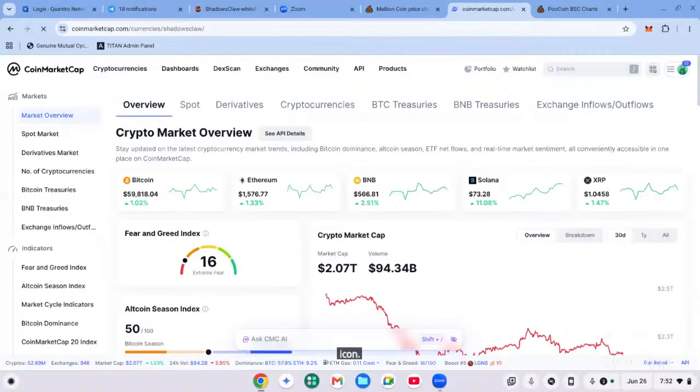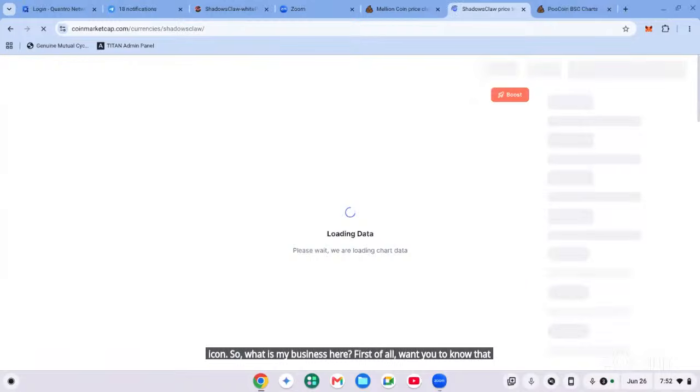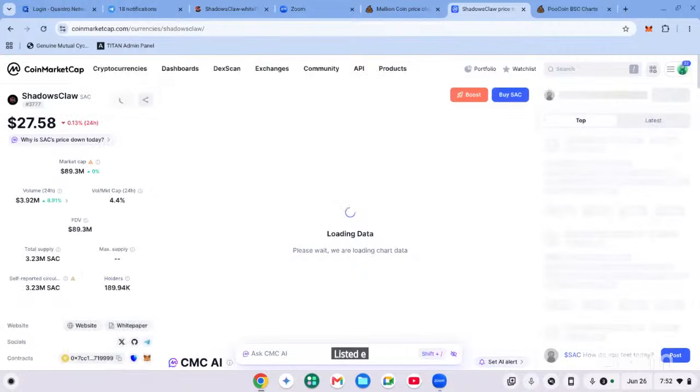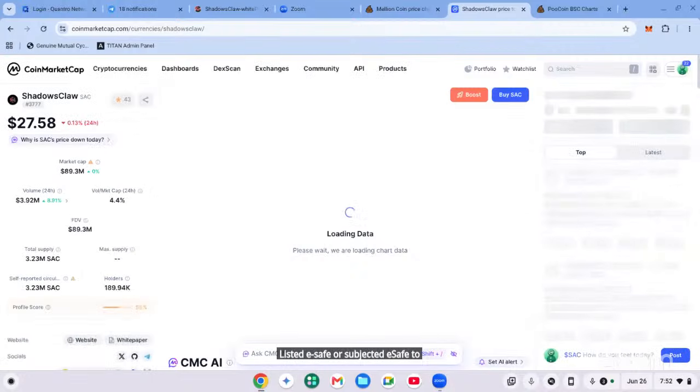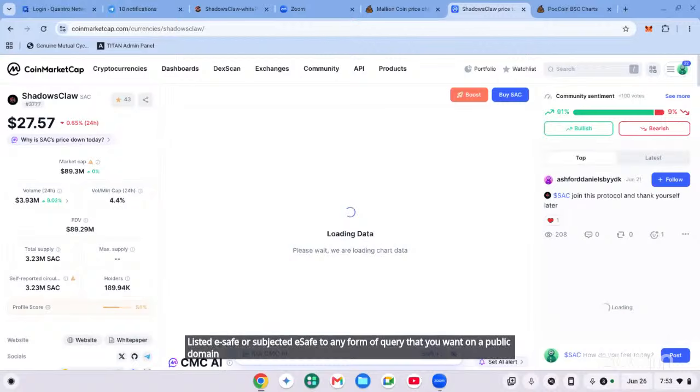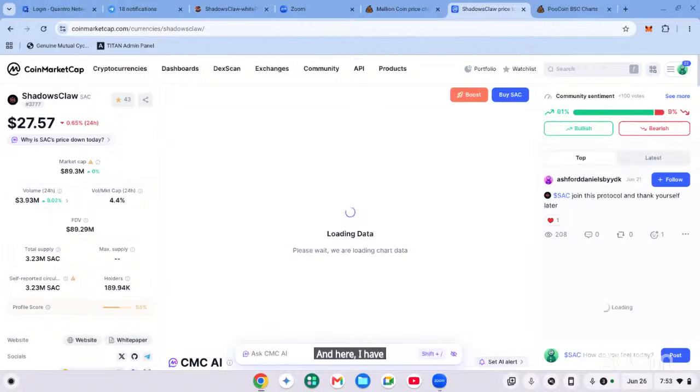So what is my business here? I first of all want you to know that the coin you are dealing with is a very transparent token that has listed itself, or subjected itself, to any form of query that you want on public domains like CoinMarketCap.